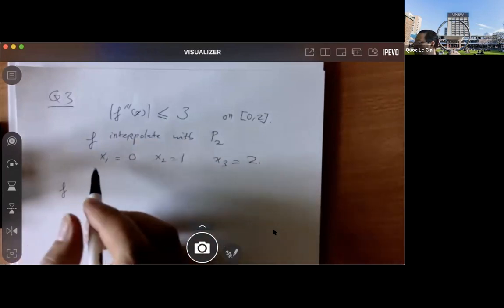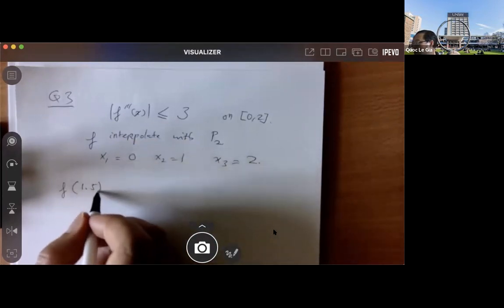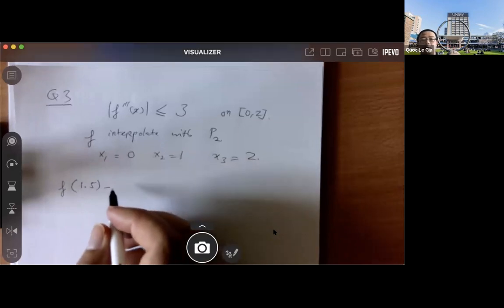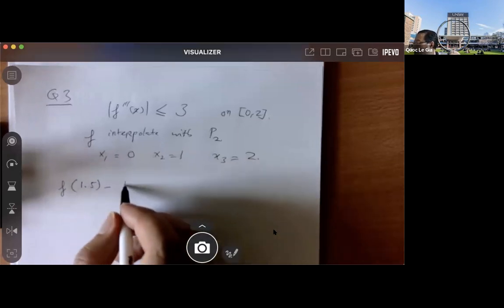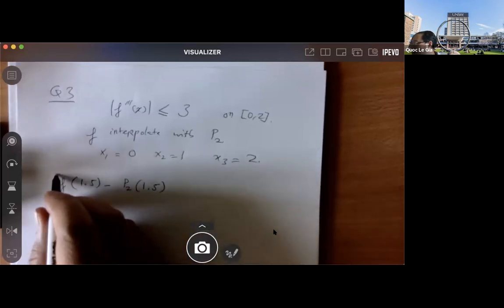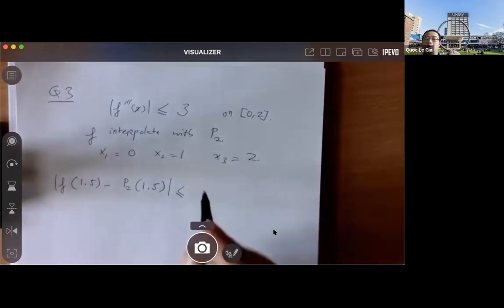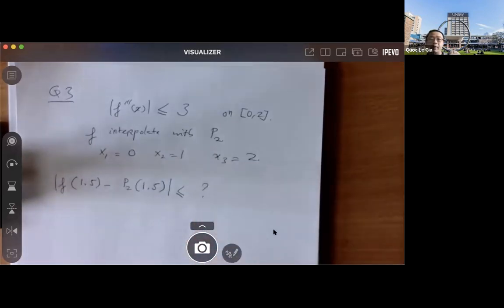Remember, 1.5 is not an interpolation point, so you don't expect 0. You expect that f at 1.5 and P2 at 1.5 are not identical, but I want to estimate the error. So what theorem should I use here?